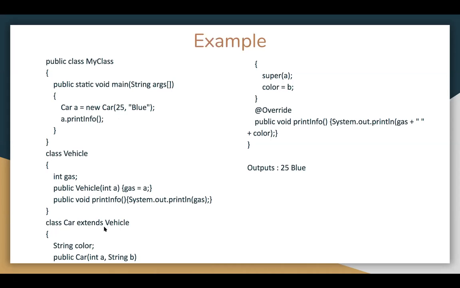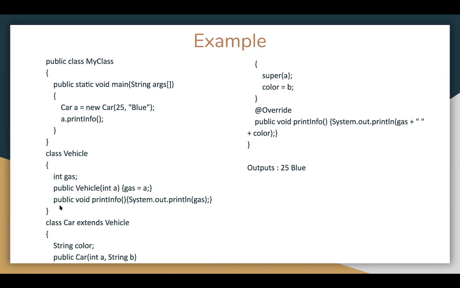And note that in the first line of the Car constructor, I have the super. I pass in this integer a, even though it's not stated here, because the Vehicle class requires it. So that's why we have to put it in the super and why we have to add it in the parameters. Then we just set the color equals b.